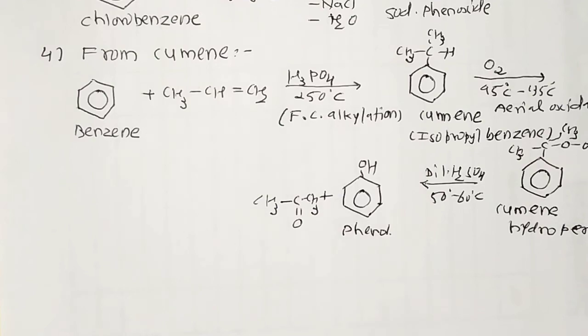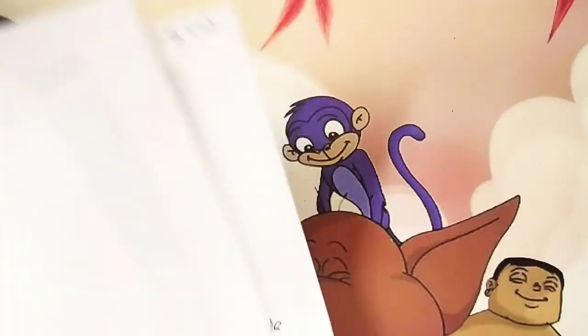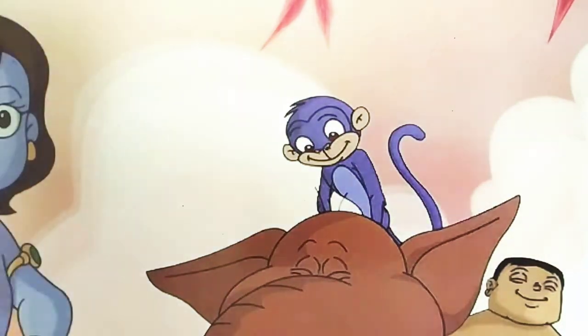Now we move to the physical properties. It's the physical properties of alcohols and phenols. So we know that in the case of physical properties, firstly we discuss the physical state, then we discuss the boiling points, right?